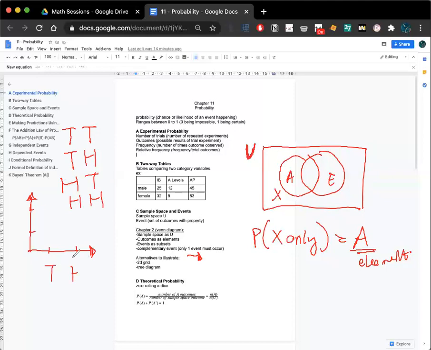So if we draw it like this, it would be something like this. This is HH, this is tail tail, this is head tails, this is TH.